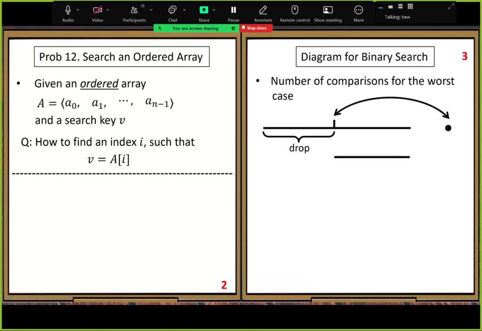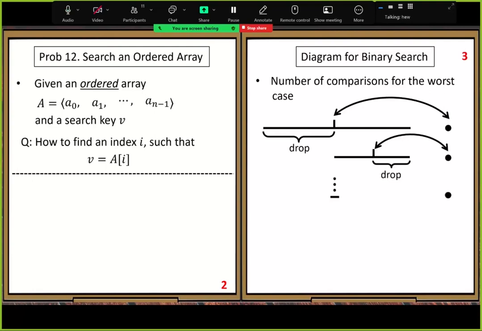Then for the remaining data, we need to do the second comparison at another midpoint. Then we drop another subarray, half of the current data size. Another half.